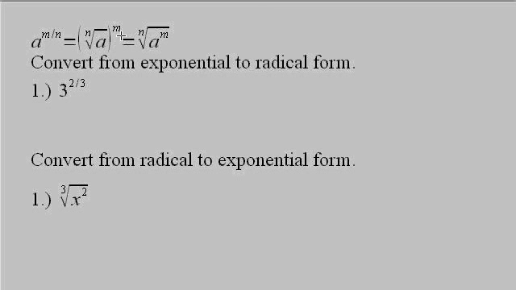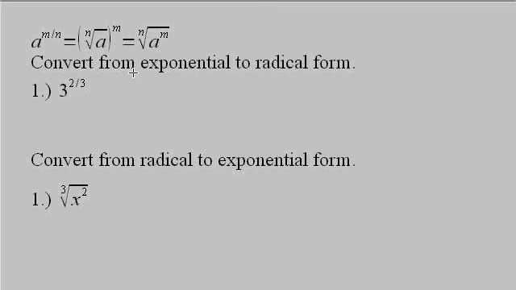Notice in one formula the m is outside. The numerator of the exponent is outside the parentheses, and here the m is underneath the radical. You can use either form, and you'll see in a minute the difference when we start evaluating these things and not just converting them from one form to the other.